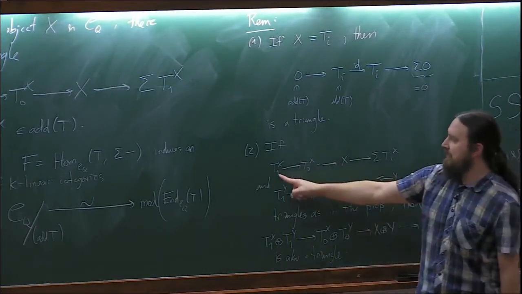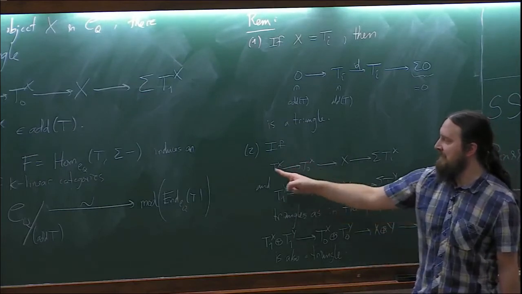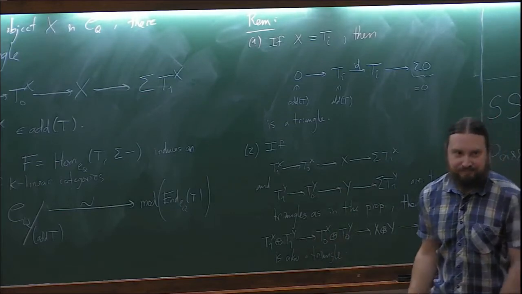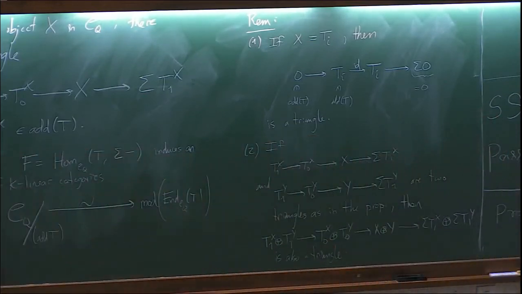And of course, since all these four objects are in add T, then direct sums of these objects remain in add T. The third remark I want to make is that one should be careful that the triangle in the proposition exists but is by no means unique.